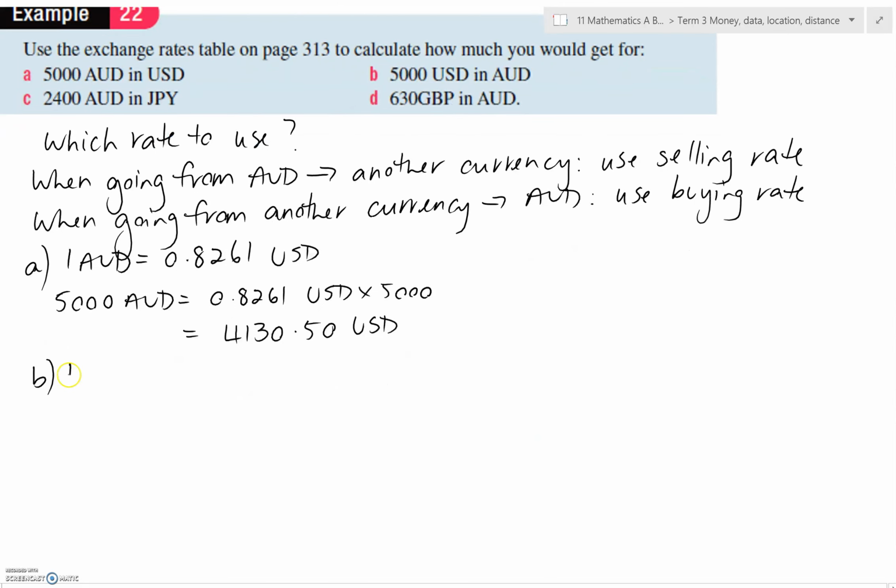Next one is we've got 5,000 US dollars in Australian dollars, so we're going the other way, so we're obviously going to use the other rate: 0.8649 US dollars. Same method as we used in the last problem. It's really just picking the right rates here.